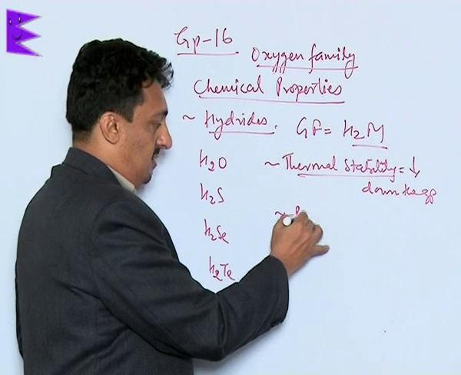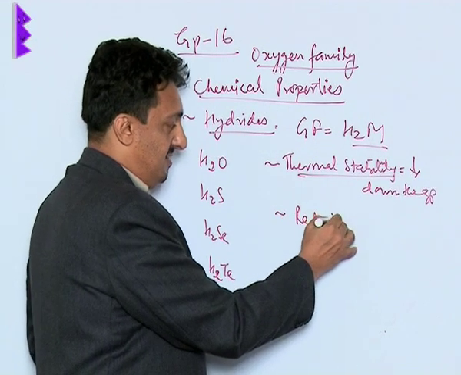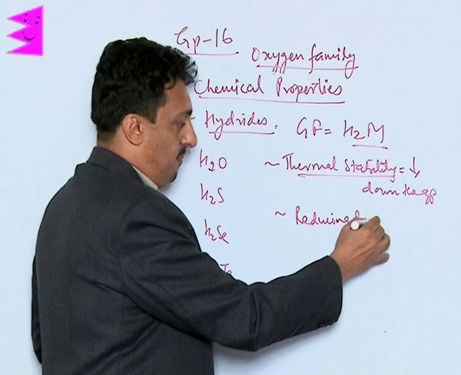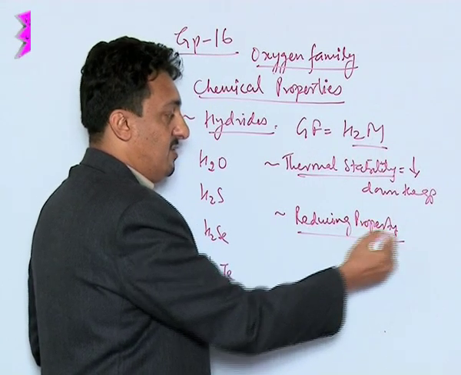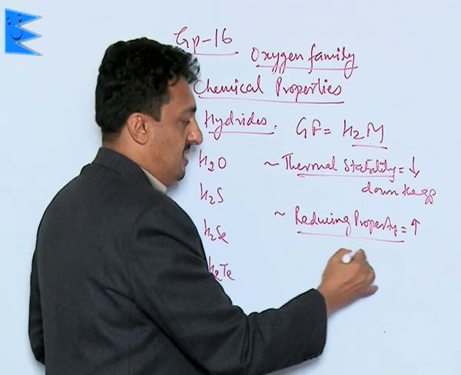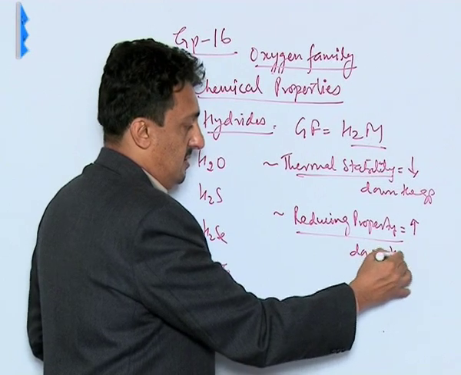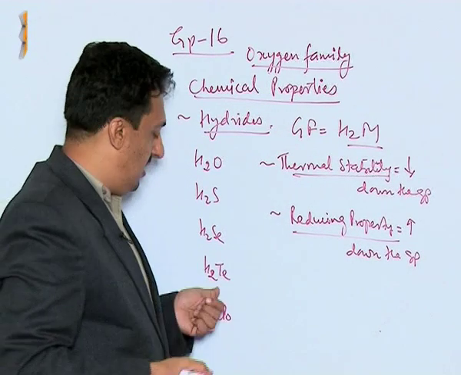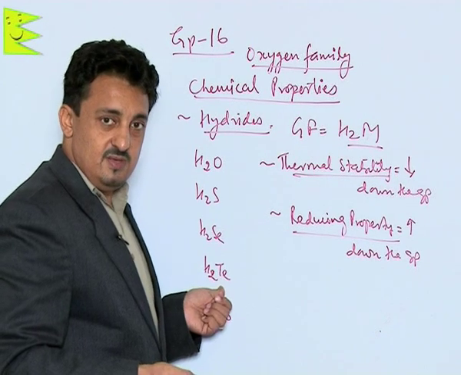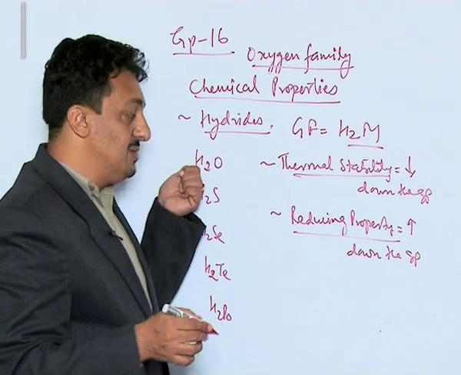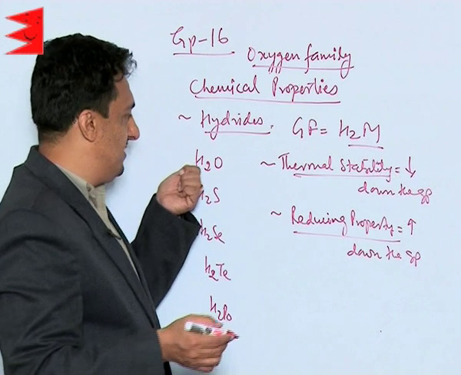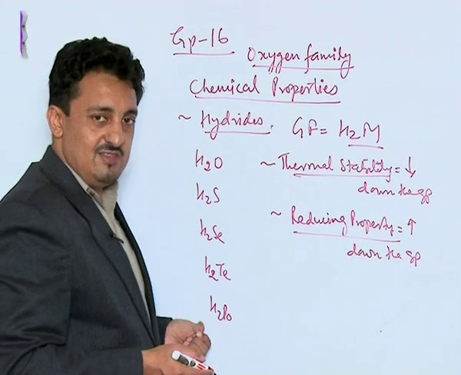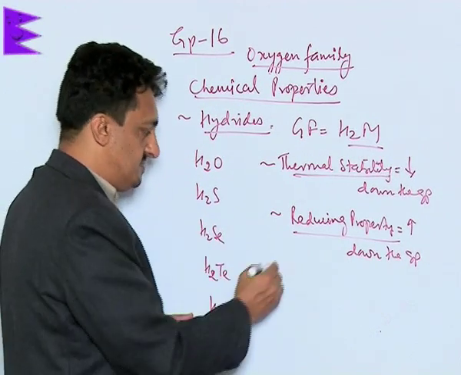Then on this basis, their reducing property, the tendency to give hydrogen, increases down the group, because most easily we can break the polonium-hydrogen bond or tellurium-hydrogen bond. So water has the least reducing property, and except water, all can act as a reducing agent.